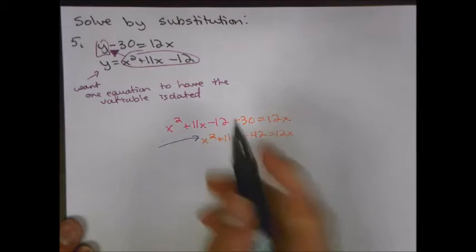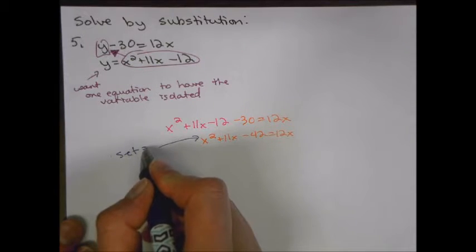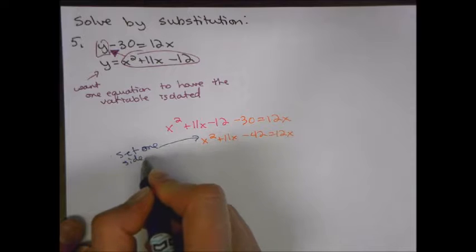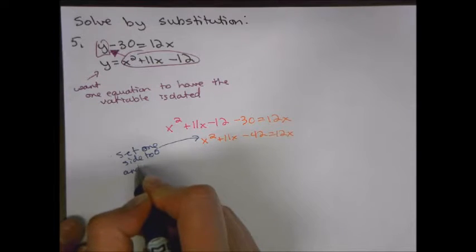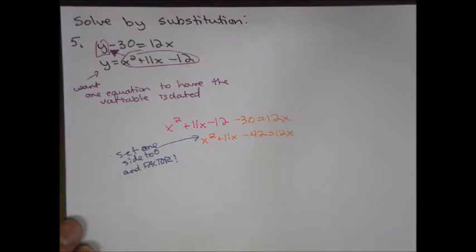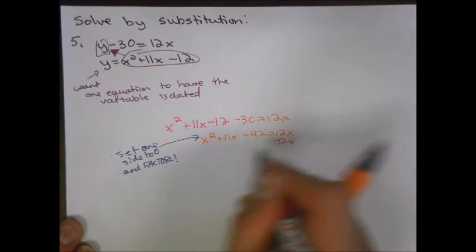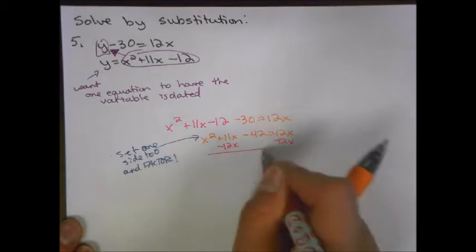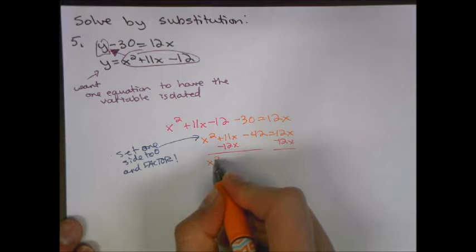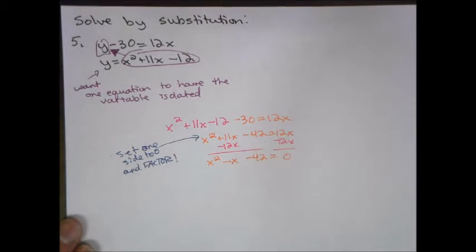We have an x squared, so we set equal to 0, and we try to factor. I want to get this side to 0, so minus your 12x. X squared minus x minus 42 equals 0.